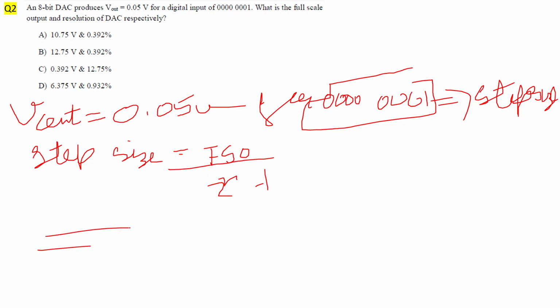That implies full scale output voltage, that is FSO in short, is equal to step size, I can call it SS, multiplied by 2 raised to power n minus 1.